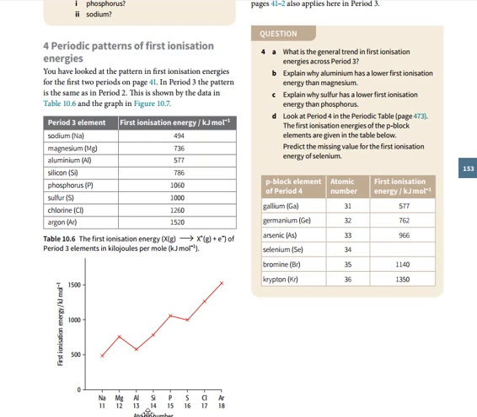Since you have increased electronuclear attraction in magnesium, it is harder to release an electron. Now the next one is aluminium. You need to point out that aluminium has a lower first ionization energy.